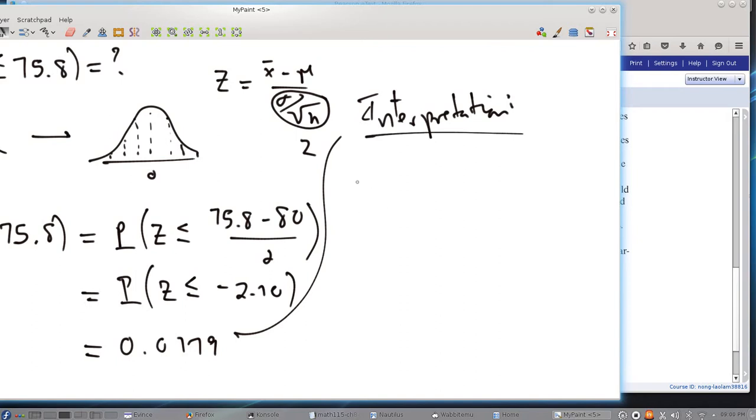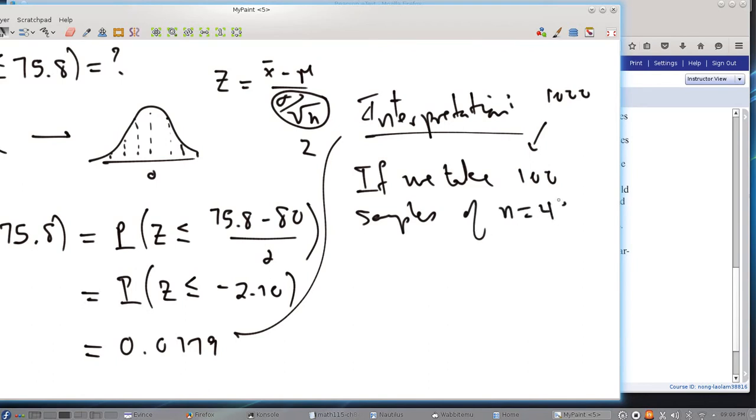It means that if we take, let's say, 100 samples or even 1,000 samples if you like, of size n equals 49, okay, from a population with mu equals 80 and standard deviation equals 14.